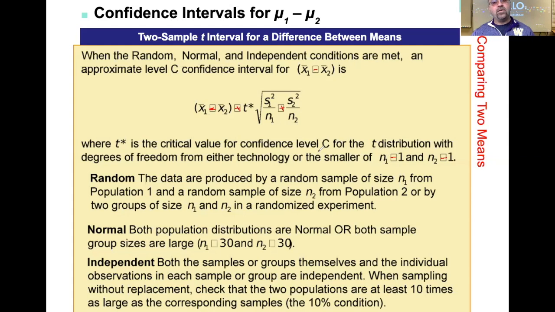If you do this on a calculator, you're actually going to get a different value for your t statistic, and your degrees of freedom will be different.